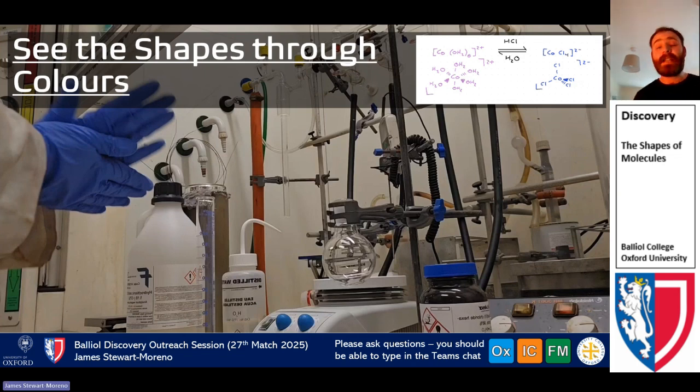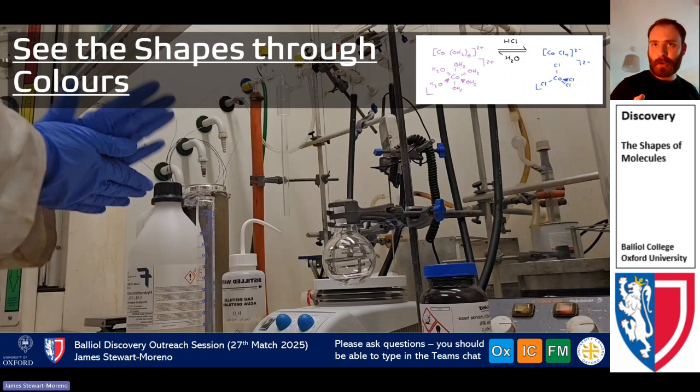The reason why it's turning to this rather nice blue color is because as I've added the HCl, I'm increasing the concentration of chloride ions, those Cl- ions, and those start to bond onto the cobalt center instead of the water molecules. However, because it's a transition metal, that geometry can change.